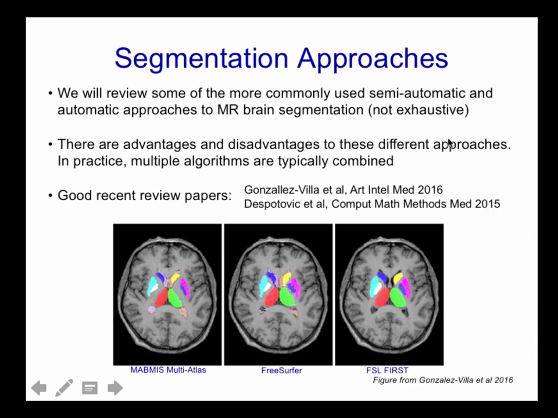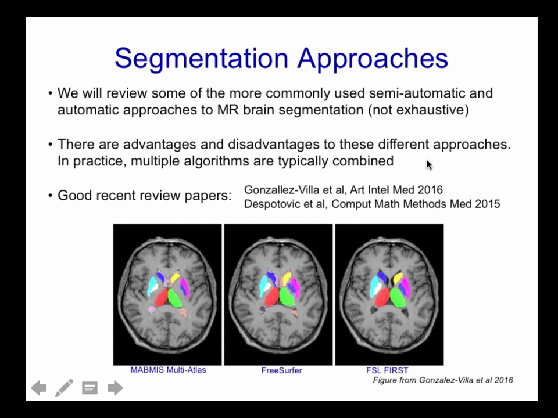Okay, so I'll be reviewing a bunch of different segmentation approaches. It won't be an exhaustive list. There are probably some segmentation approaches that I might not be covering, and maybe I won't cover your favorite one, and I apologize. But hopefully I'm covering the most commonly used ones. In general, the decision to apply one segmentation algorithm over another is domain specific.